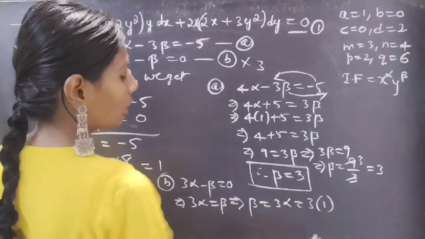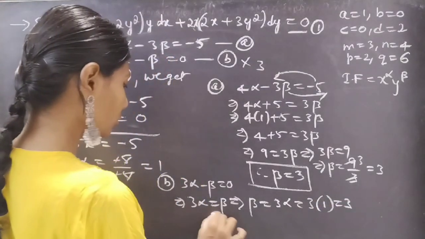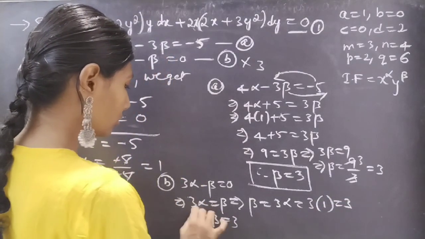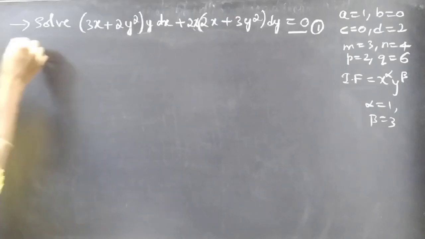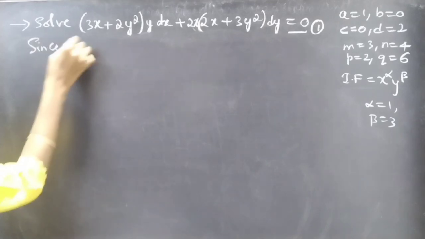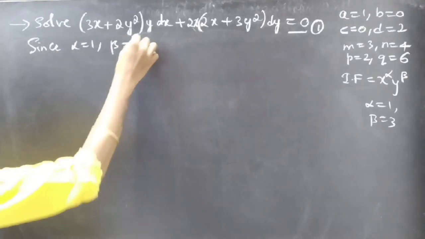We have the value of alpha, so put it. We'll get beta equal to 3. Finally, the values of alpha and beta are 1 and 3. Therefore, alpha equal to 1, beta equal to 3.